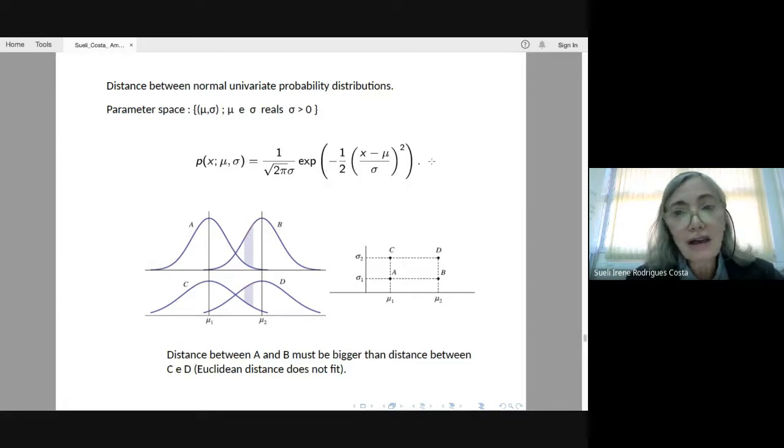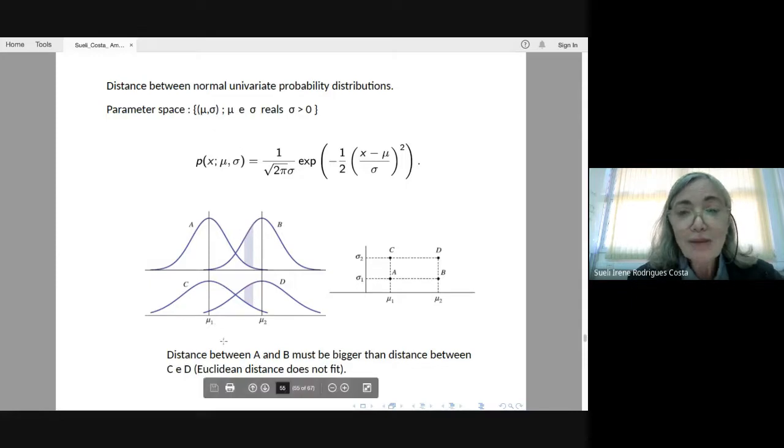So this is the usual normal distribution. The parameter space is two-dimensional: we have m for the mean and sigma for the standard deviation.